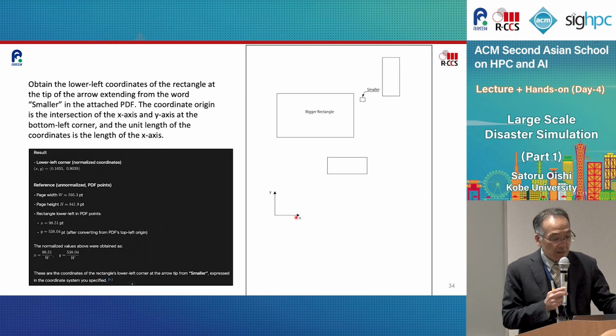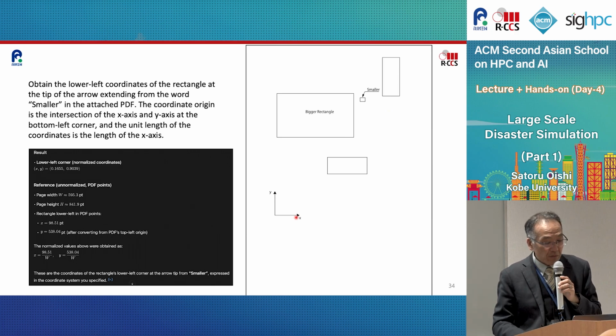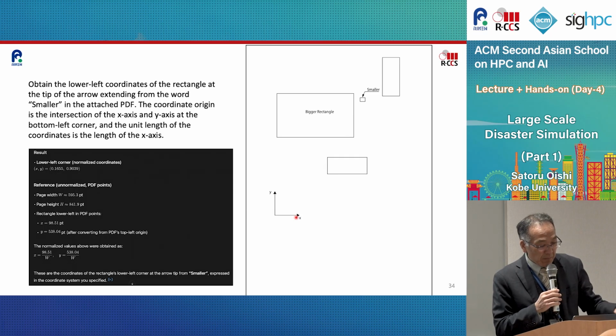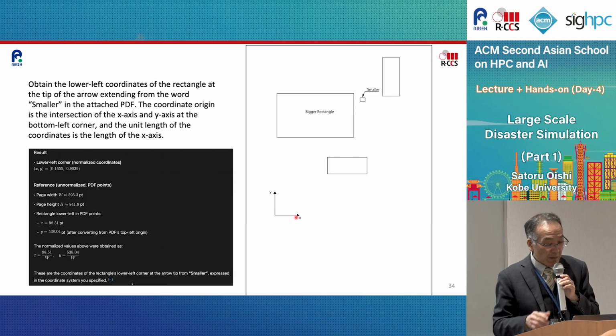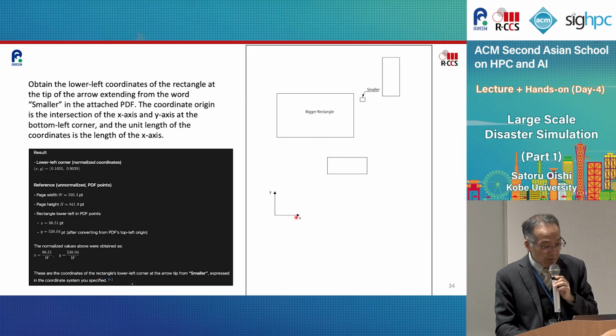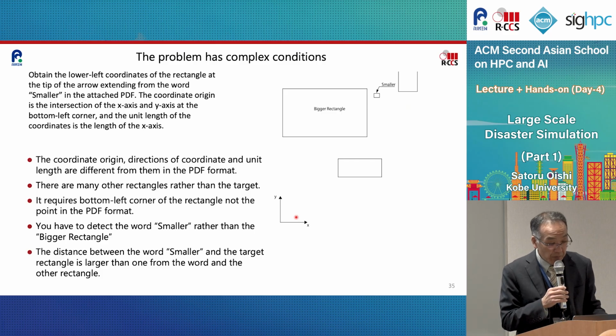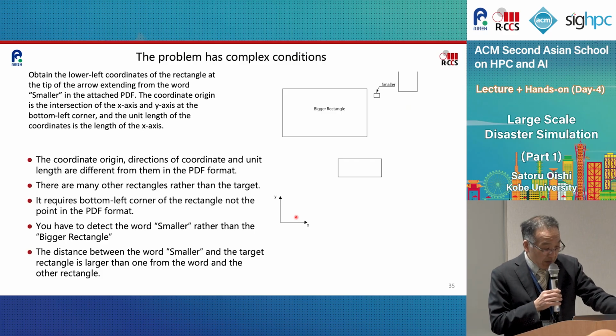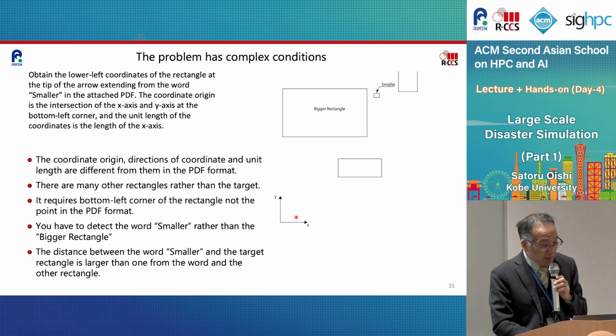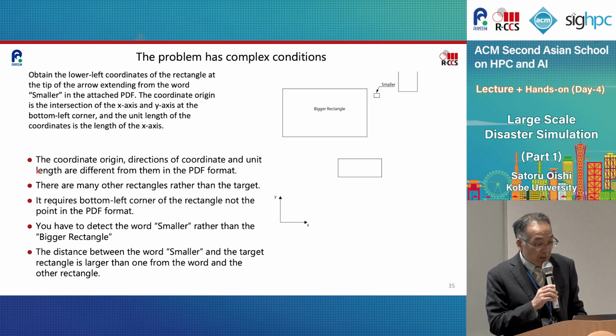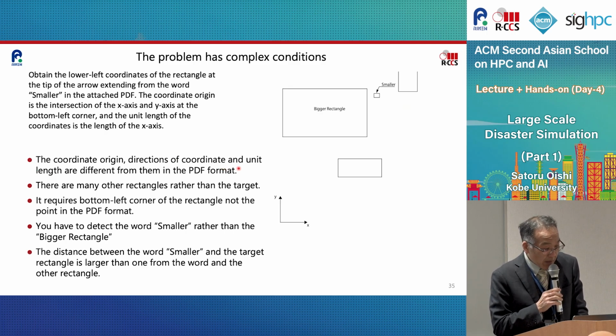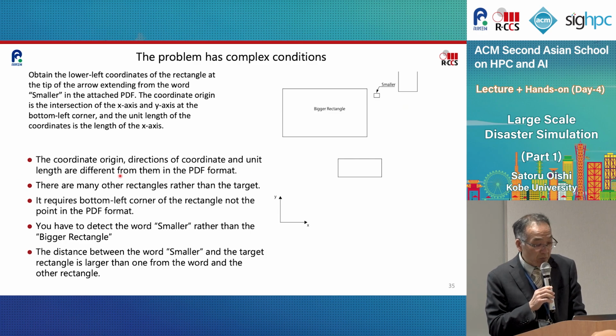That is not much difficult, you may think, but if you try it, you may face some difficulty. The simpler difficulty is that the coordinate origin, the direction of the coordinate and the unit length of the coordinate are different from those in the PDF format.